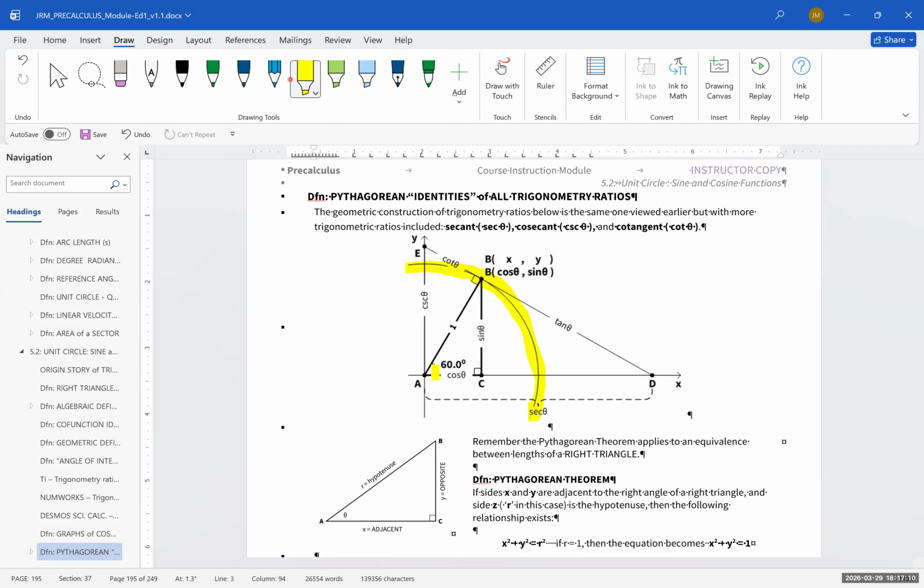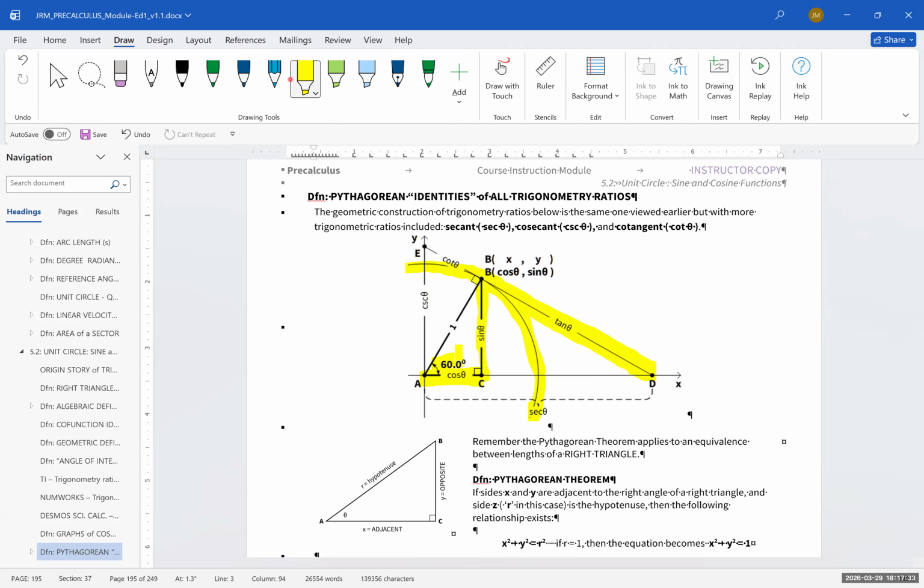And we know that this is the cosine of our angle of interest. This is the sine of our angle of interest. And this is the tangent of our angle of interest.